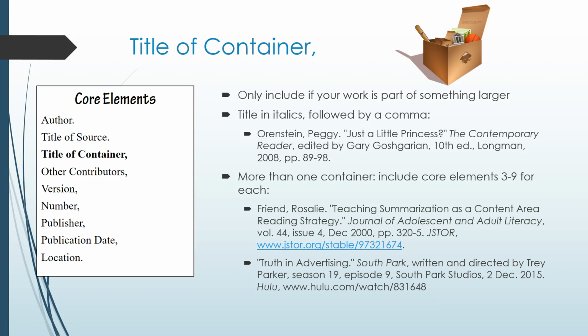Most often, you have multiple containers because something is available online which was originally published in a different medium. As you can see from the examples, all you have to do is add the name of the website or database and the URL to the end of the citation.